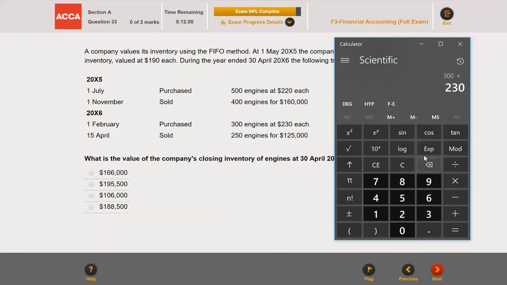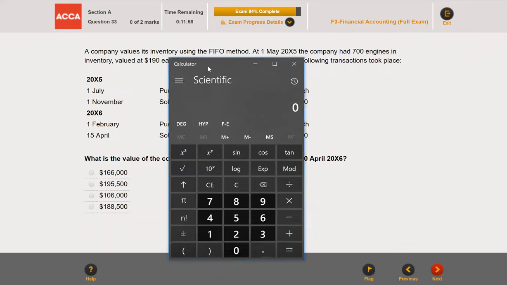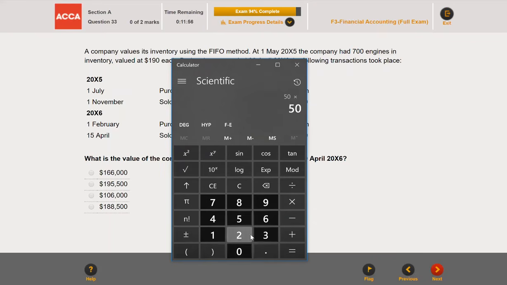Okay, let's redo it. 50 into 190 becomes 9,500.